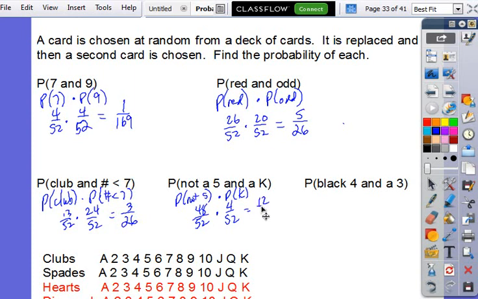And then the last one is probability of a black 4 times the probability of a 3. Black 4 is 2 out of 52, and then 4 threes. 1 over 338.